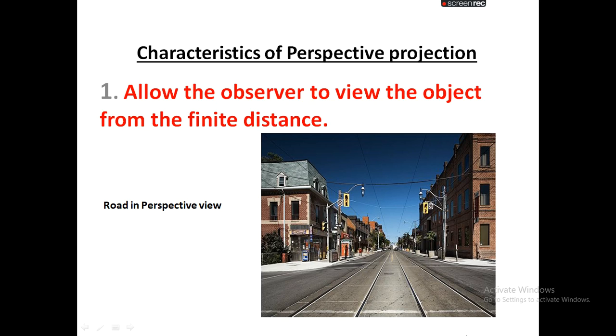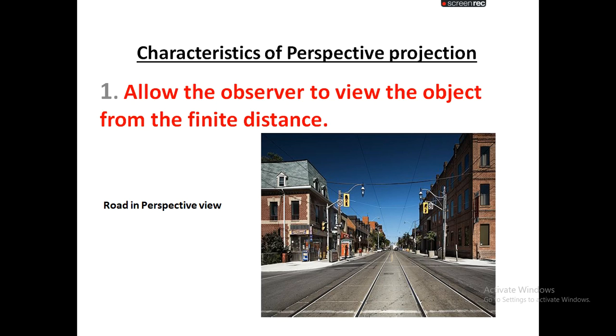Please see this image. Assume that we are standing here, at the mouse pointer. Consider the two sides of the road. Those two sides of the road act like projections or projectors.